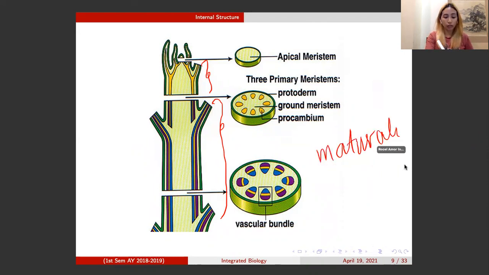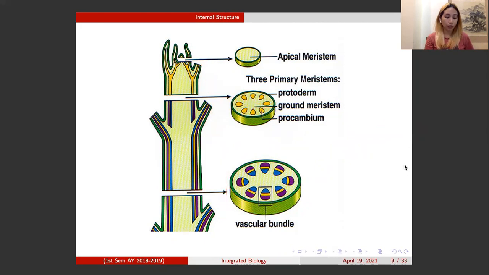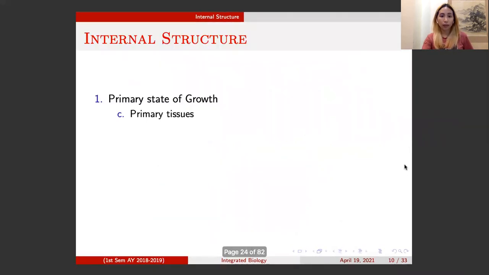And the maturation region consists of the primary tissues, right? These are tissues that are highly differentiated, which means they already have a fixed function for the plant. Okay, so that's that for the primary meristems. We finished the shoot apical meristem from the very top, and a little down below we have the primary meristem. Going to the maturation region, we have the primary tissue.